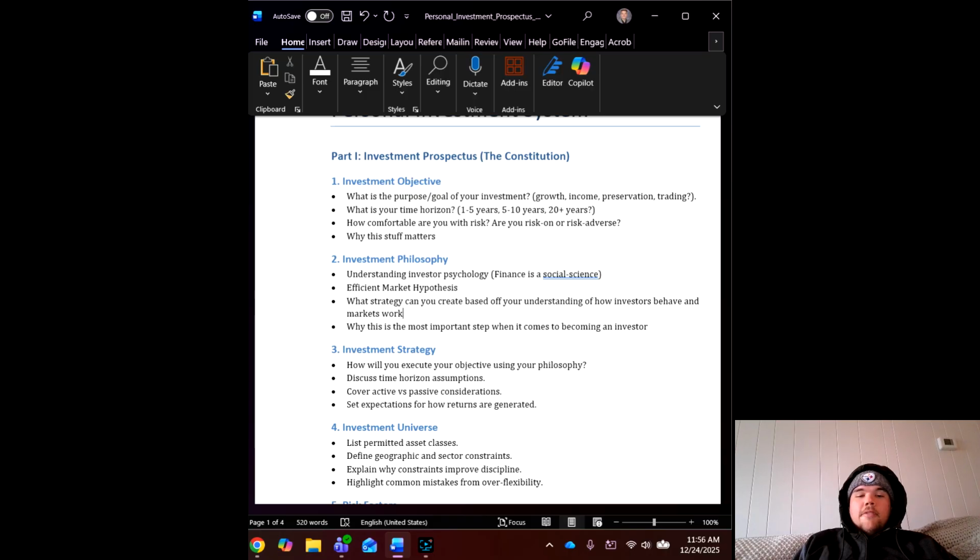So underlying every philosophy is a view of human frailty, that they learn too slowly, learn too fast, tend toward crowd behavior. There's the herd mentality, and there's a lot of that within the investing world.